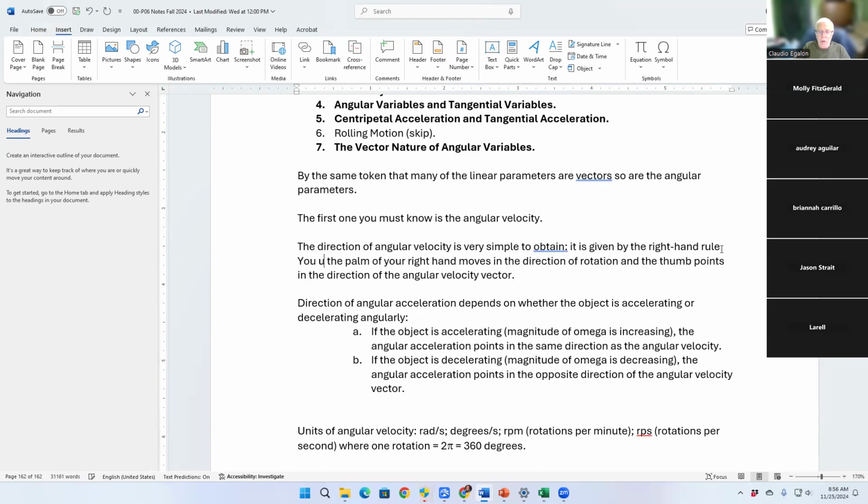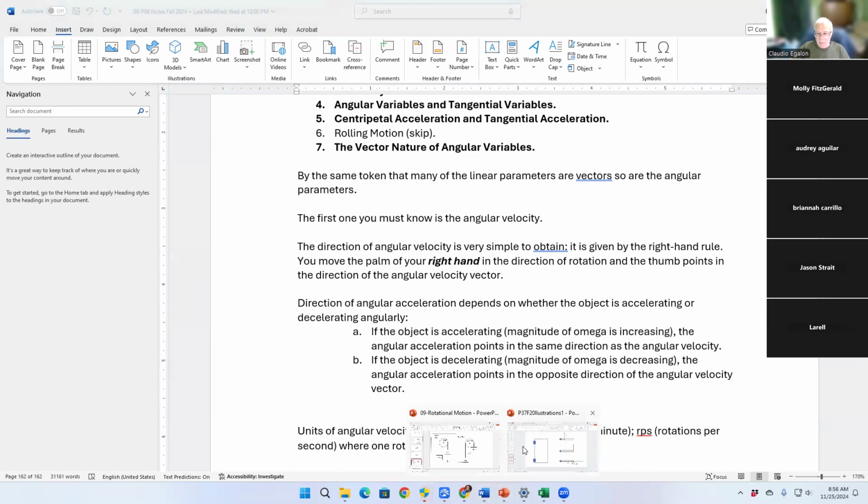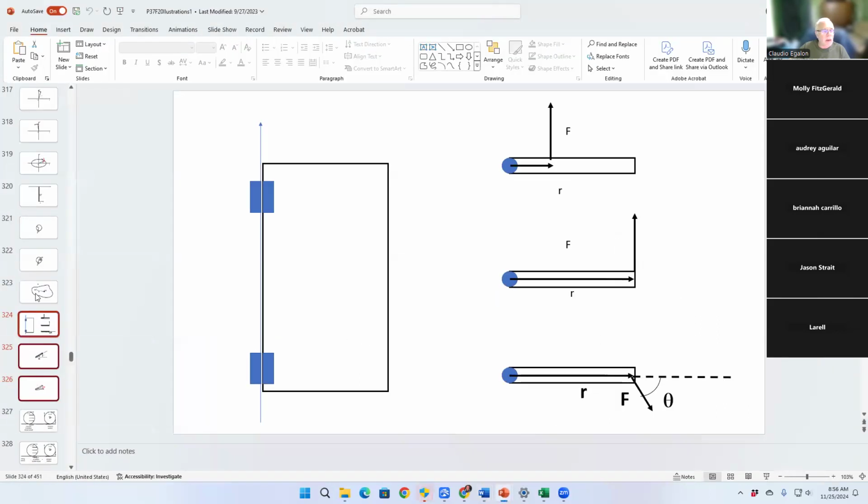You use the palm of your right hand. Don't forget, right hand. You move the palm in the direction of rotation of the object, and the thumb points in the direction of the angular velocity vector.